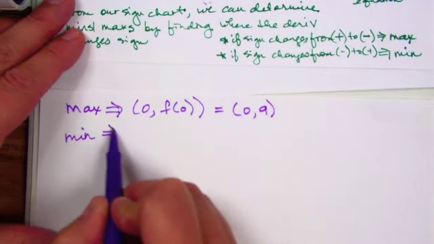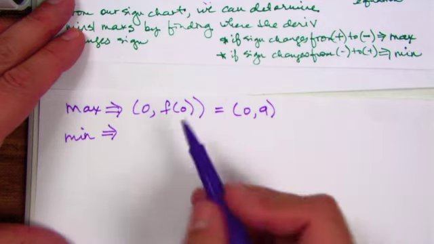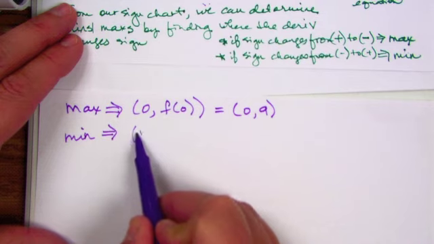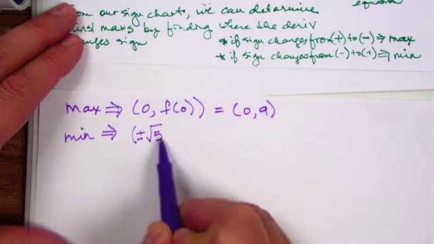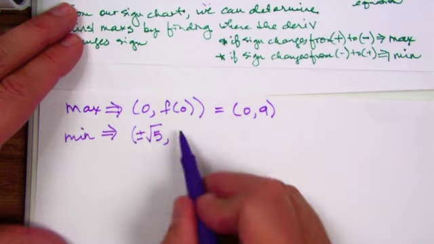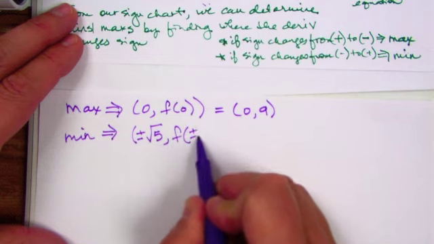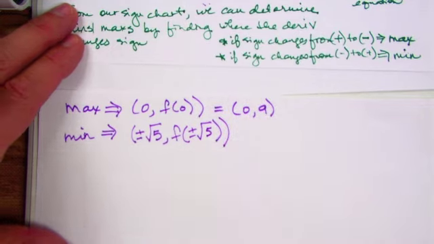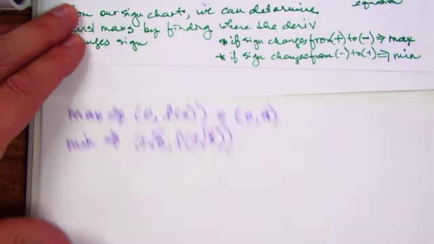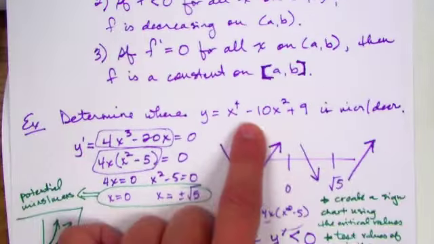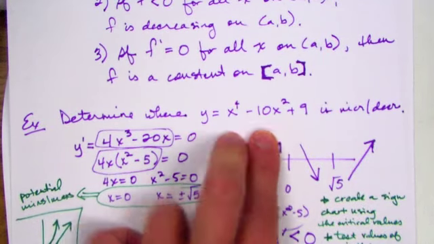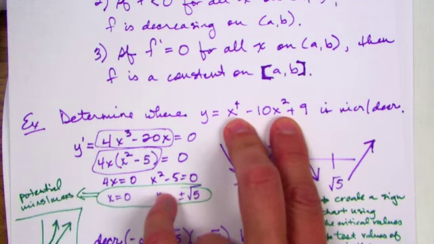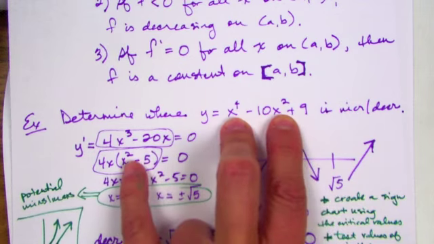How many mins are there? There's 2. And they are located where? At plus or minus the square root of 5, comma, f of plus or minus square root of 5. The exponents are even, so it will be the same, won't it?